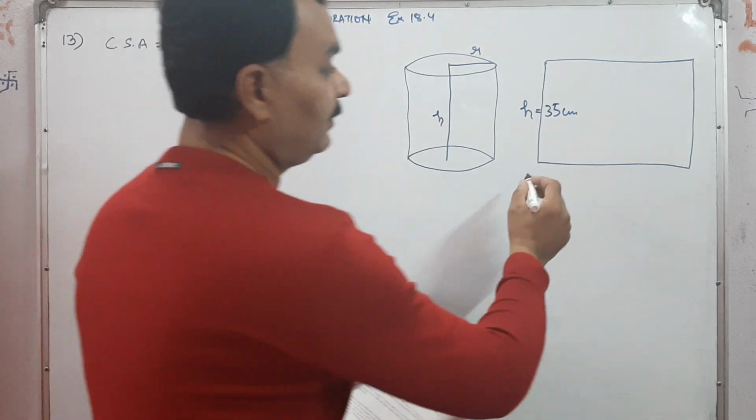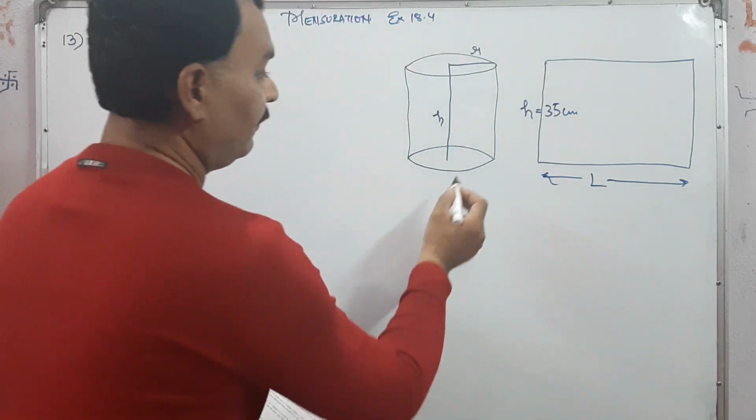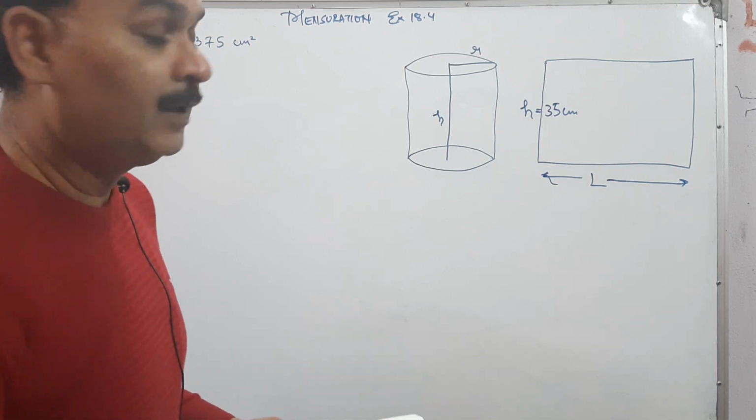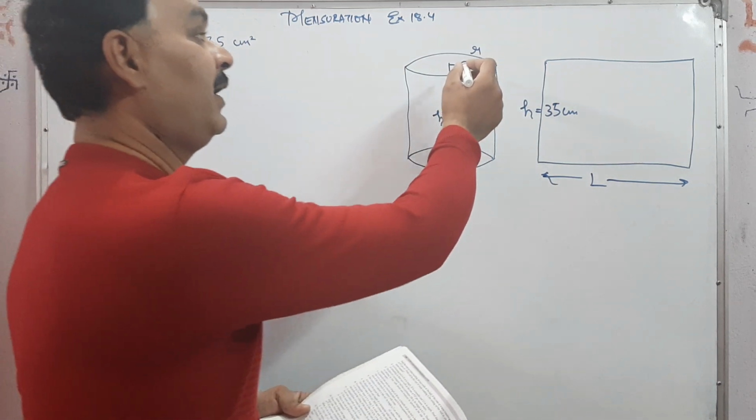Now we need to find out the length of this rectangular sheet, which will be equal to the perimeter of the base of the cylinder.